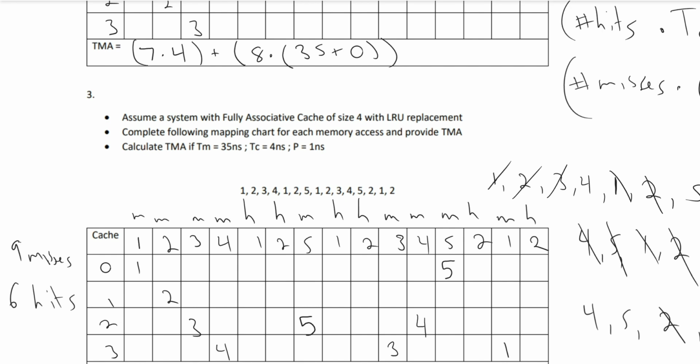So number of hits, 6 times 4, TC, plus number of misses, that's 9, times TM is 35 here, and penalty is 1.